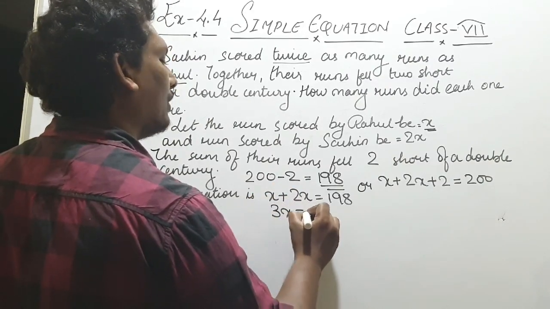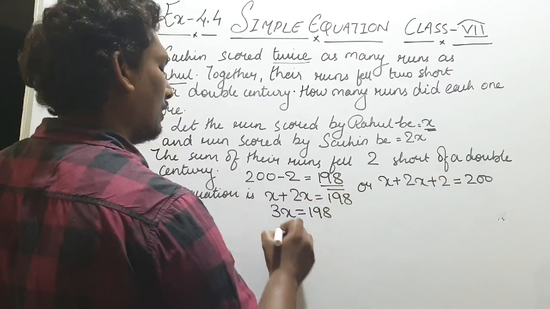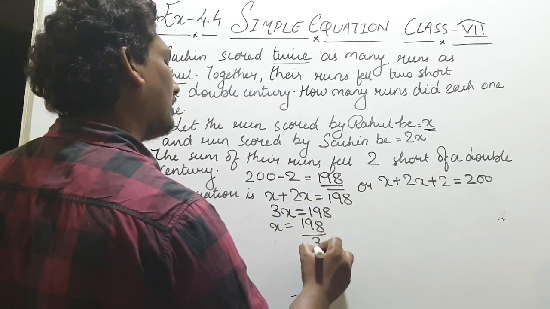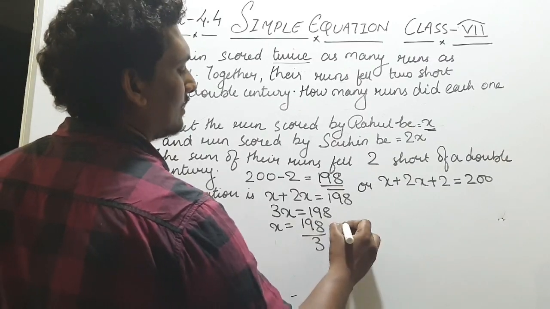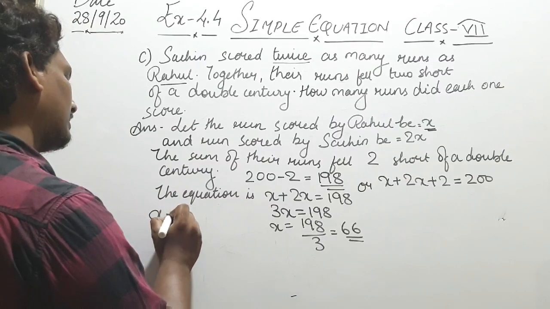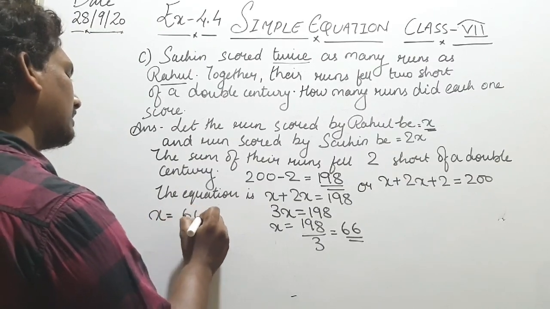So here 3x is equal to 198. So x is equal to 198 by 3. So you will get 66. So here x is equal to 66.